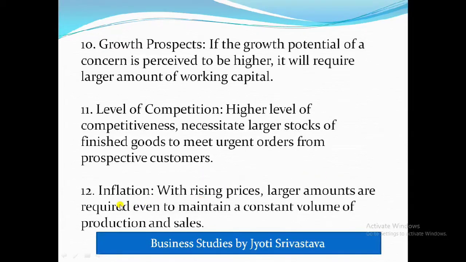But when there is inflation and the price of wheat flour increases to say 11 rupees per kg, then for purchasing the same 100 kg of wheat flour, the ABC company has to spend more money.